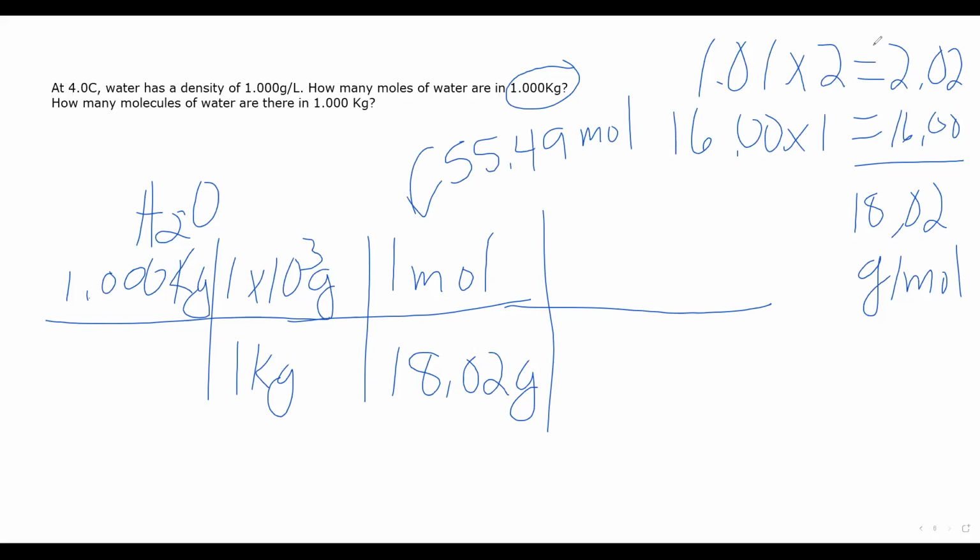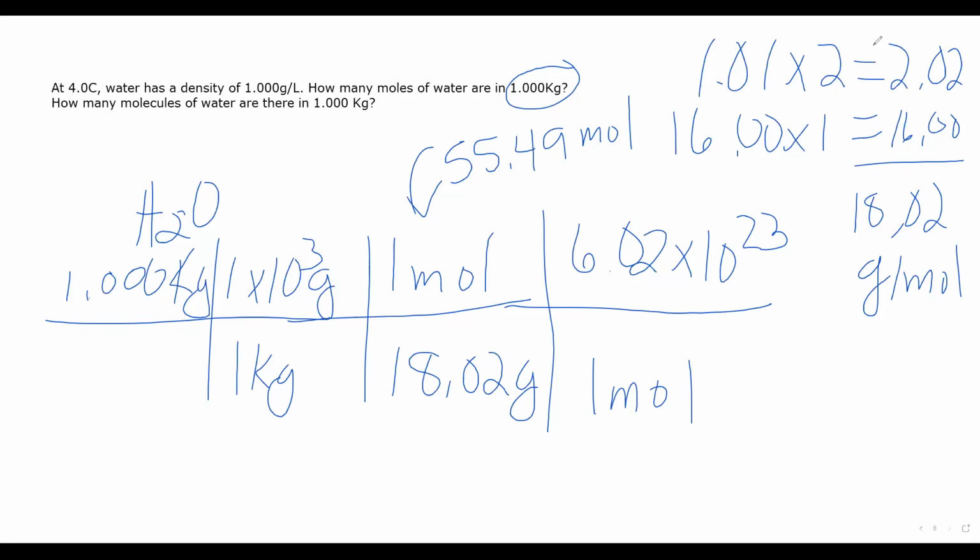But they asked you also how many molecules that would be. So 1 mole goes down here again, and now Avogadro's number comes into play. Once you do all of that, you multiply the top and the bottom. You can stop at any point just to get the first answer, but the first answer is going to be 1,000, because it's 1 times 10 to the third, divided by 18.02.